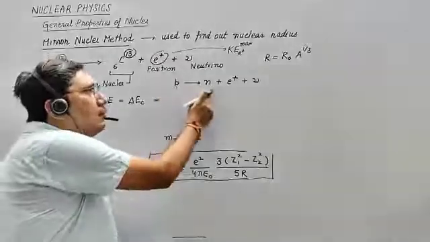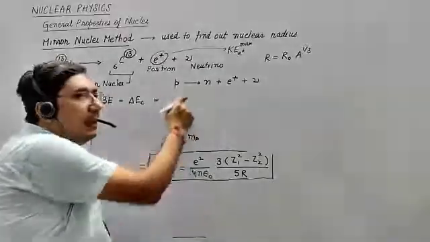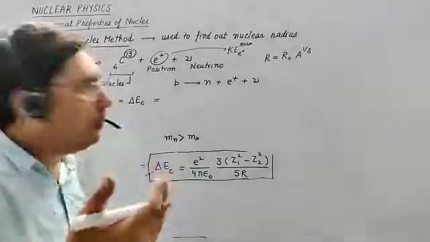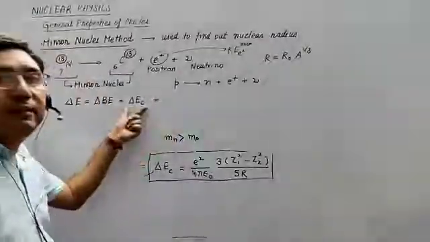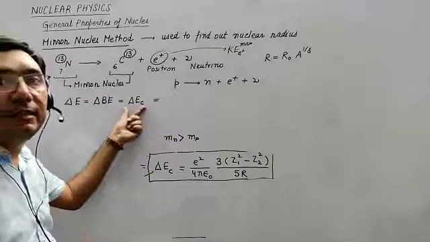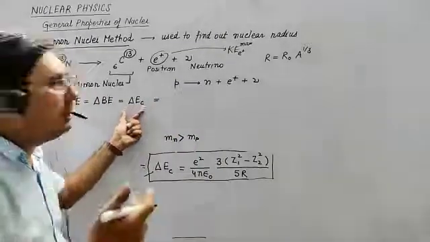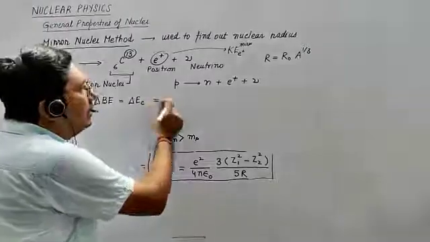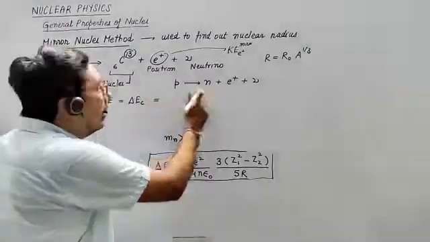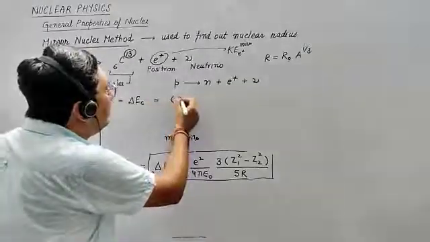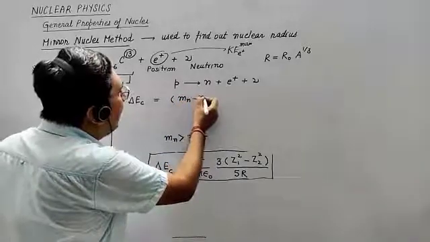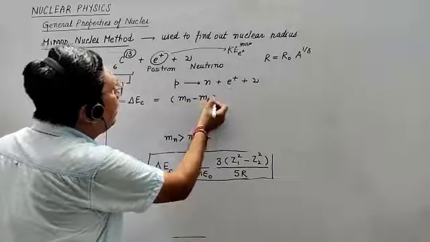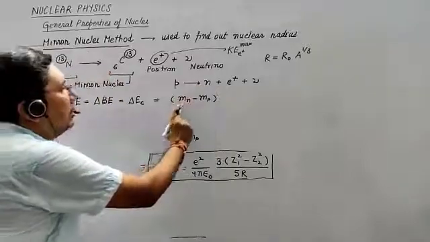When proton is converting into neutron, some mass is created because mass of neutron is higher. So a part of this released energy will be utilized in creating a mass. How much mass is created? This will be equal to Mn minus Mp, the difference between the mass of neutron and the mass of the proton.